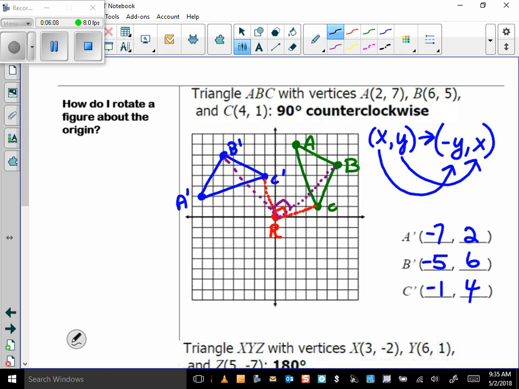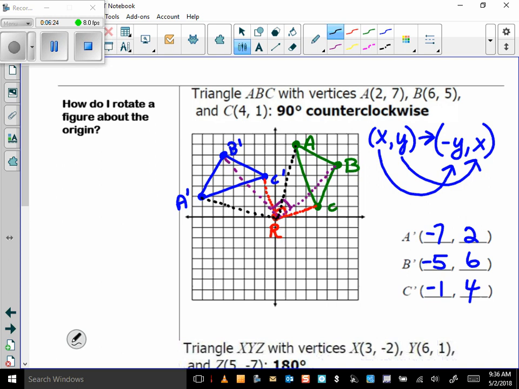I guess I could use black for that. So R to A is right there. R to A prime is right there. And again, all those angles are 90 degrees because that is my center of rotation.